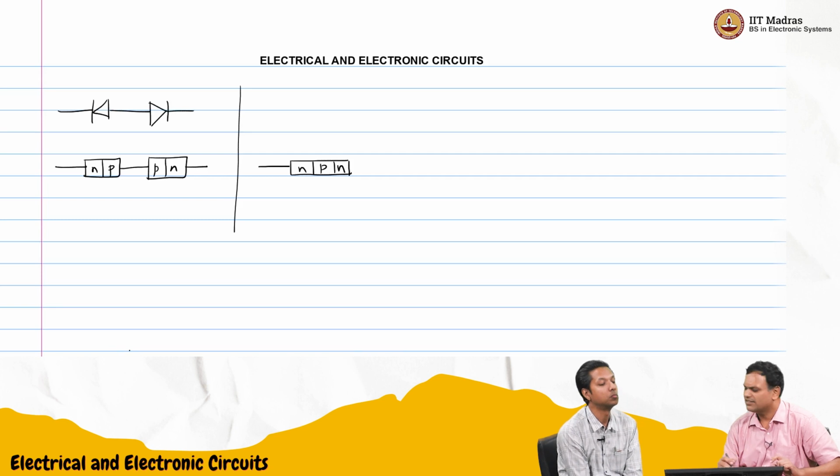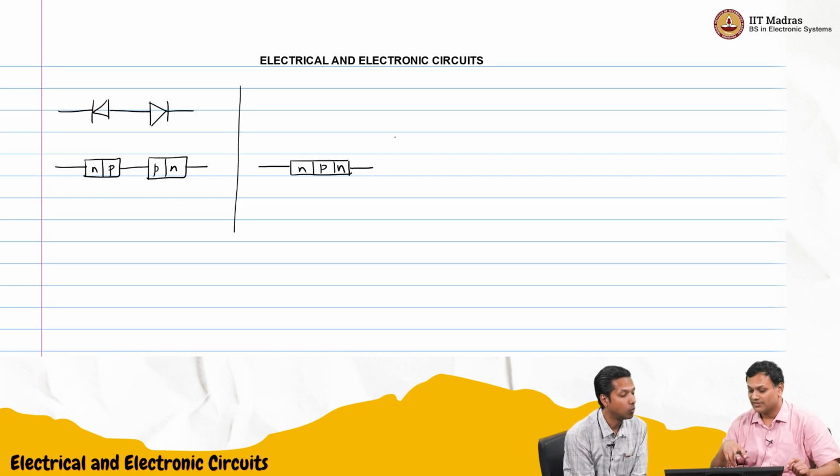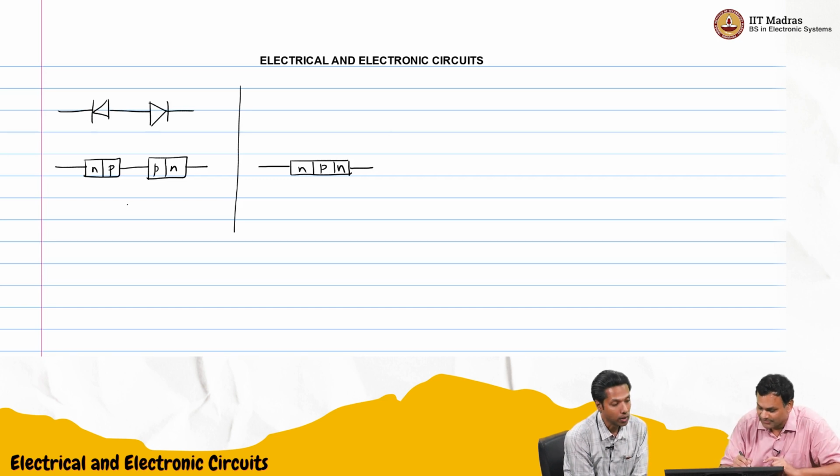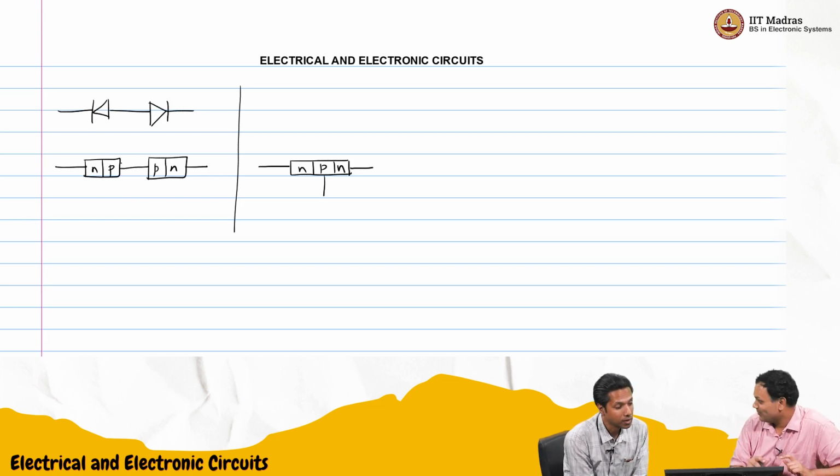I'll make it like this and see what happens. Earlier I had a connection here. So shall I pull out one wire like this? So this has three terminals now. Earlier you asked me to take two junctions.